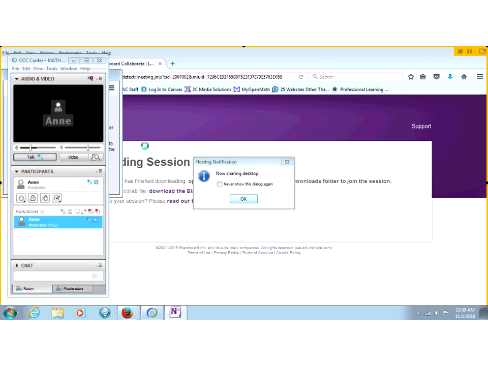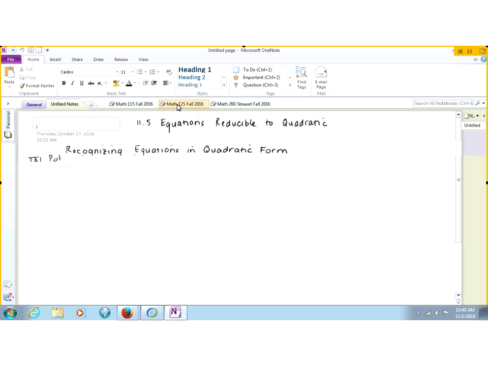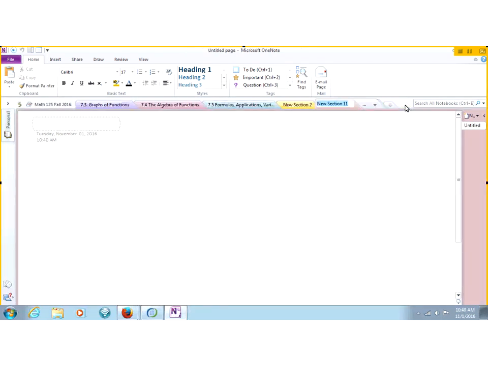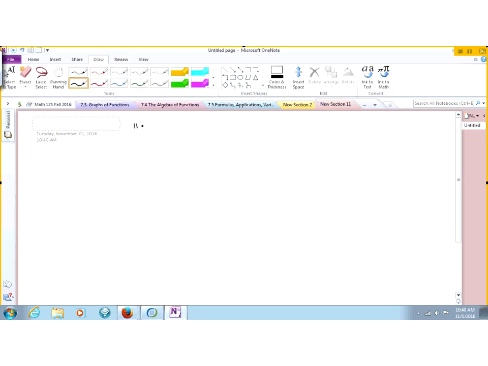Math 125. So 11.6 is quadratic functions and their graphs. The graph of a quadratic function, so let's write it down.